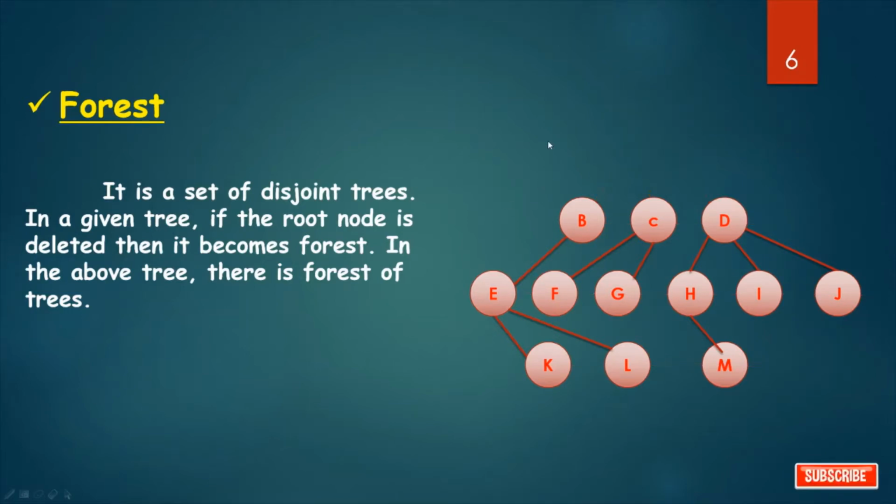See, I delete the root node. So, there are three trees. This one is rooted by B, this one is rooted by C and this one is rooted by D, and it becomes a forest. In the above tree, there is a forest of trees. If the root node is deleted, then it becomes a forest and they are disjoint, that is, they have no elements in common.